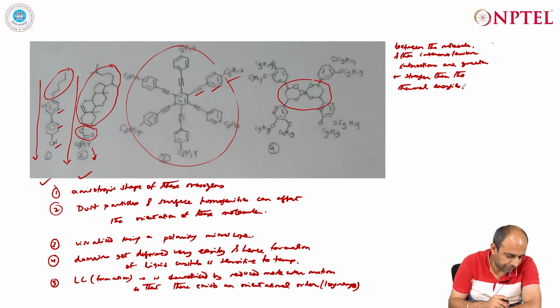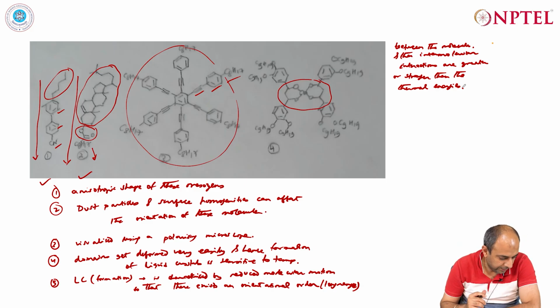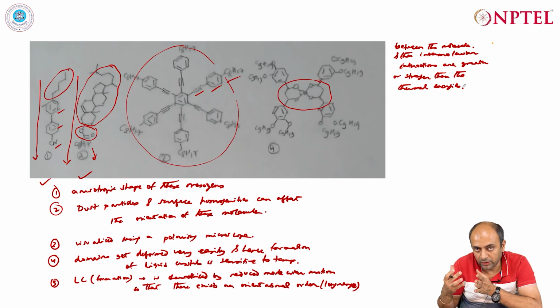This is important. And when you increase the temperature, it leads to more rapid motion of one molecule with respect to its neighbors, and eventually leads to the formation of the isotropic liquid.